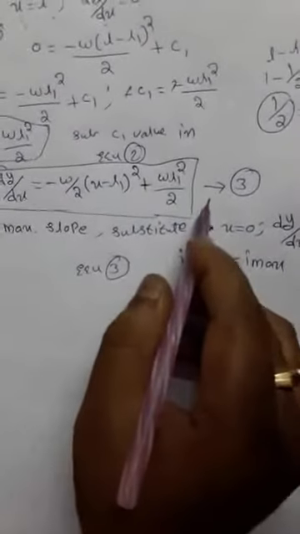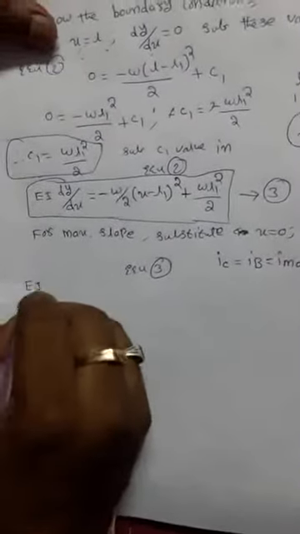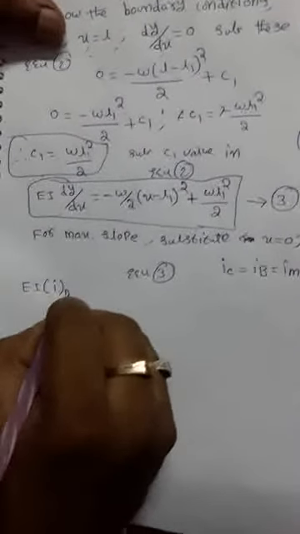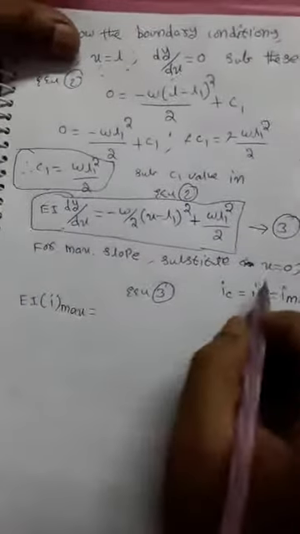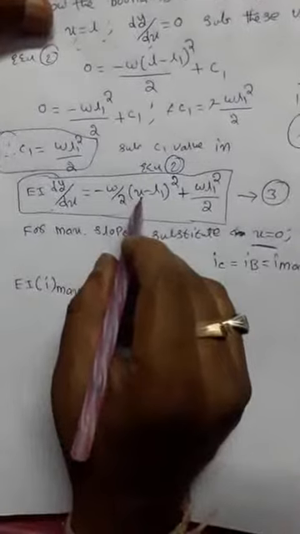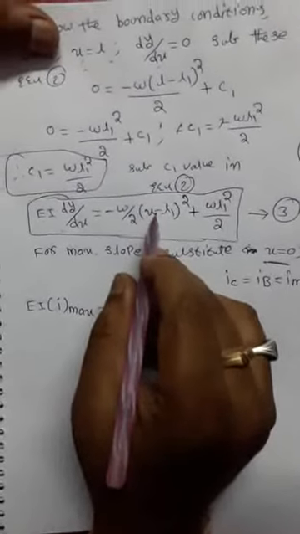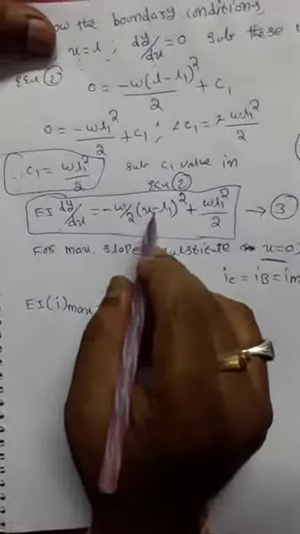So after substituting these values in equation number 3, you get dy by dx, that is θmax, equal to, with x equal to 0. These are treated as a whole section, not as individual terms.